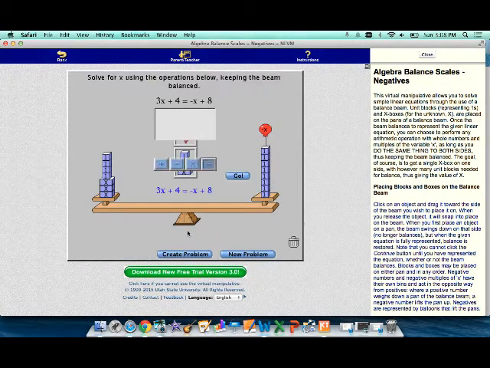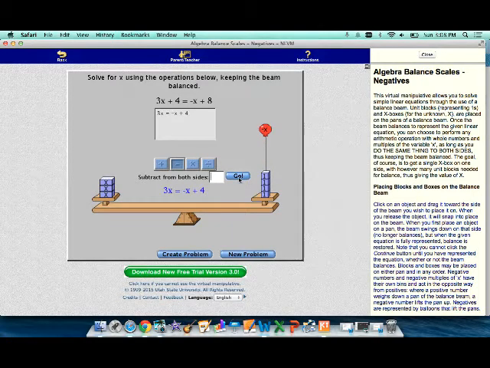I'm going to click continue and make sure that I did it correctly, which I have. I think what I'm going to do is keep the X on the left hand side. So I'm going to subtract 4 from both sides, and that will leave me with 3X equals negative X plus 4.